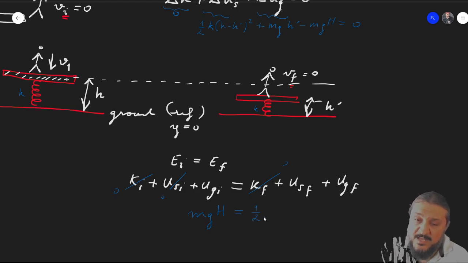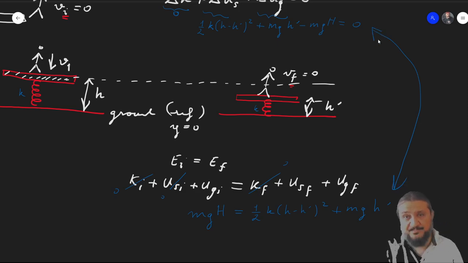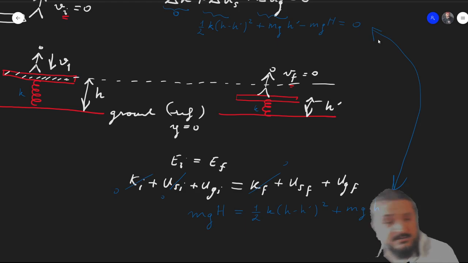That is 1/2 k (H minus H prime) squared. Okay, it's always positive. Plus mgH prime. Now this equation and this one are the same, just written differently.